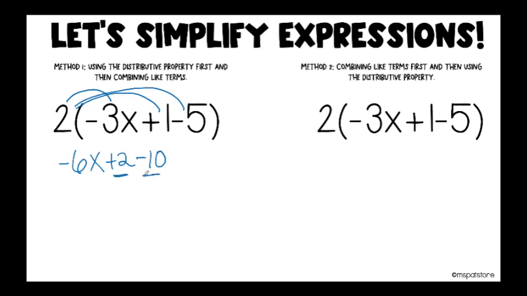But this cannot be my last answer because I see like terms here. Positive 2 and negative 10 are like terms. They don't have any variable, so they have that in common. As I see, they have different signs, which means that I need to subtract. So basically you do negative 10 and 2, or 2 and negative 10, and it will give you negative 8 because negative 10 has the greatest absolute value.